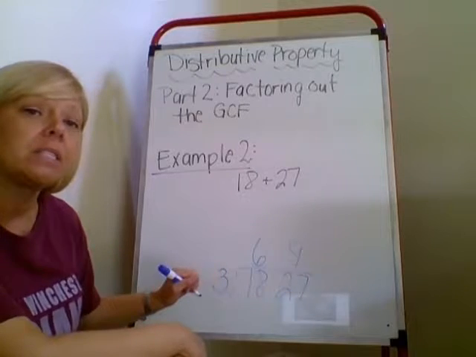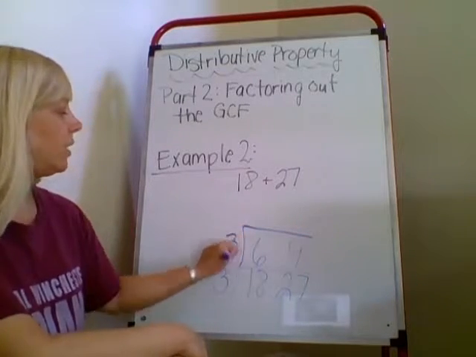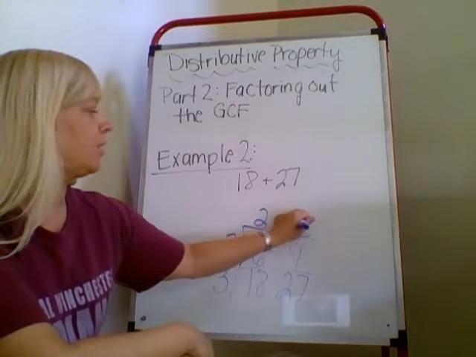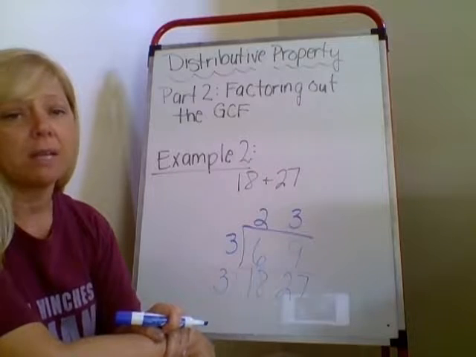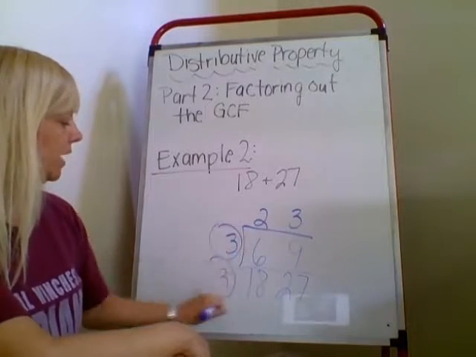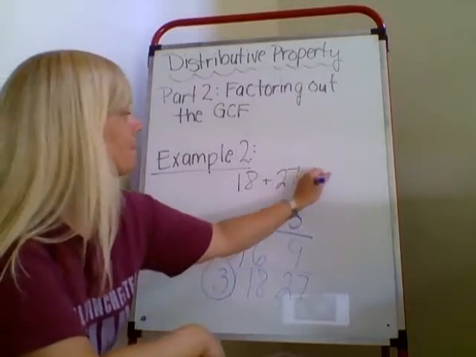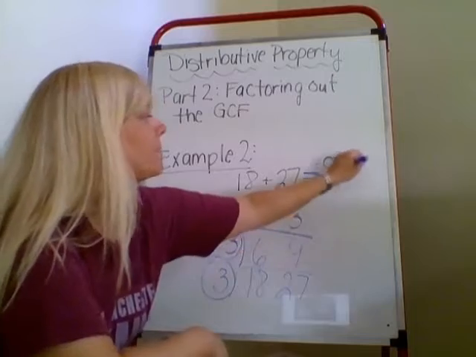So I know that 3 can go into 6 and 9 again. So 3 goes into 6 2 times, and 3 goes into 9 3 times. These are both prime numbers, so I know that I am done. So my greatest common factor is 3 times 3, which is 9. And I have a leftover 2 and 3.